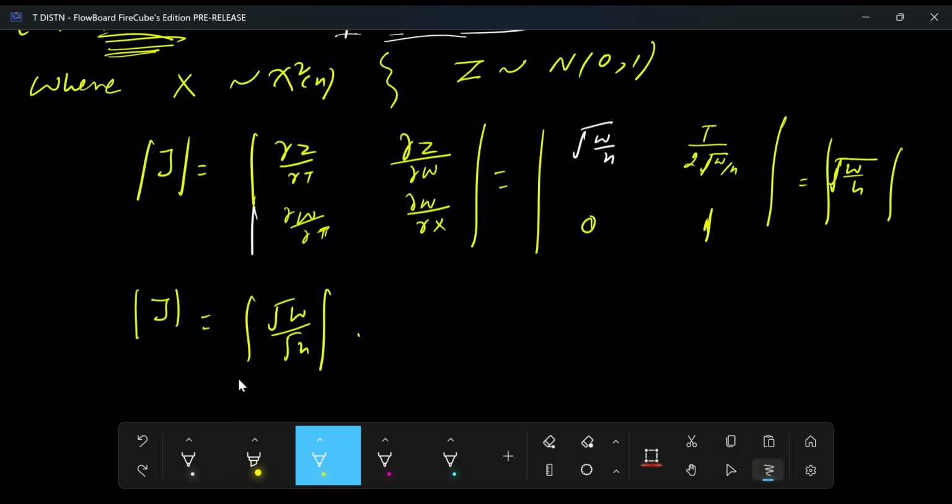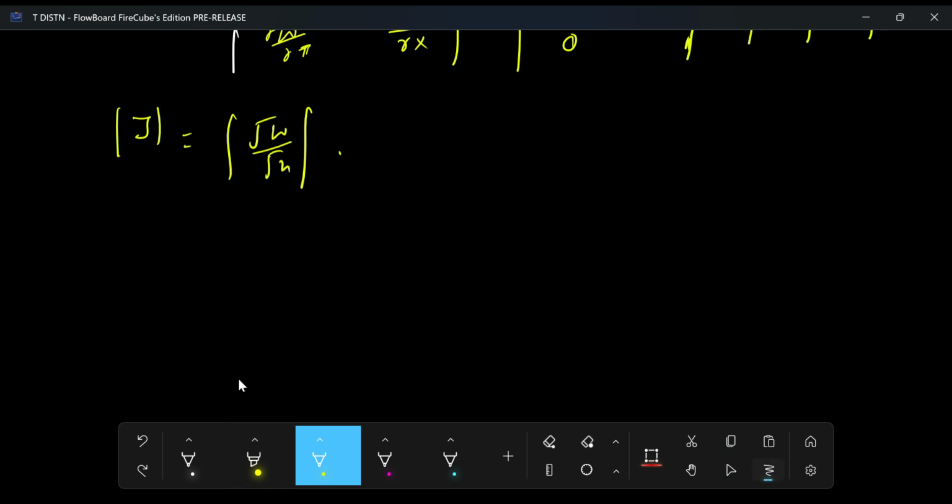Clear? Now, as you know, we have f of z comma w, or we can write, we need a new function, that's f of t comma w. We are finding the joint. Why joint? Because we have two PDFs, that's PDF of chi-square and PDF of normal. So see, what's PDF of normal distribution?